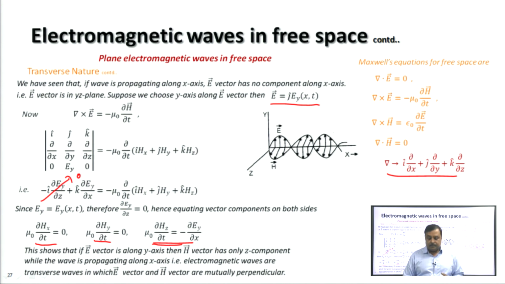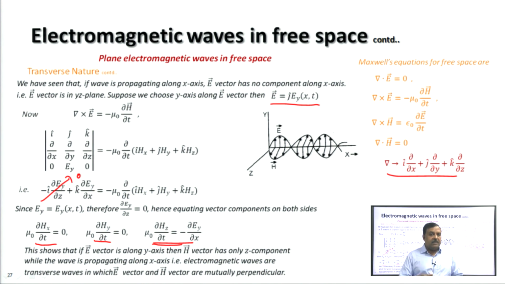So, what we saw? We saw that if electric field is along y axis only, if electric field has only y component when the wave is propagating along x axis, then magnetic field has only z component.